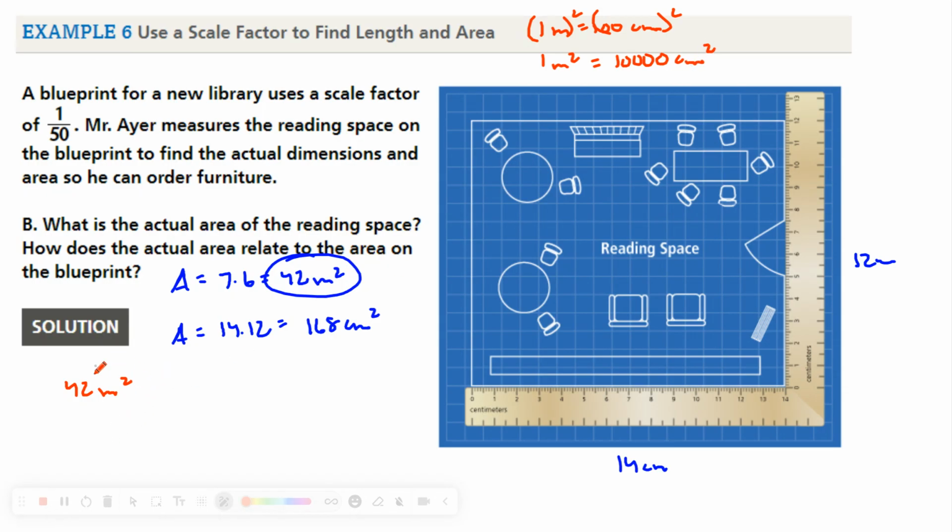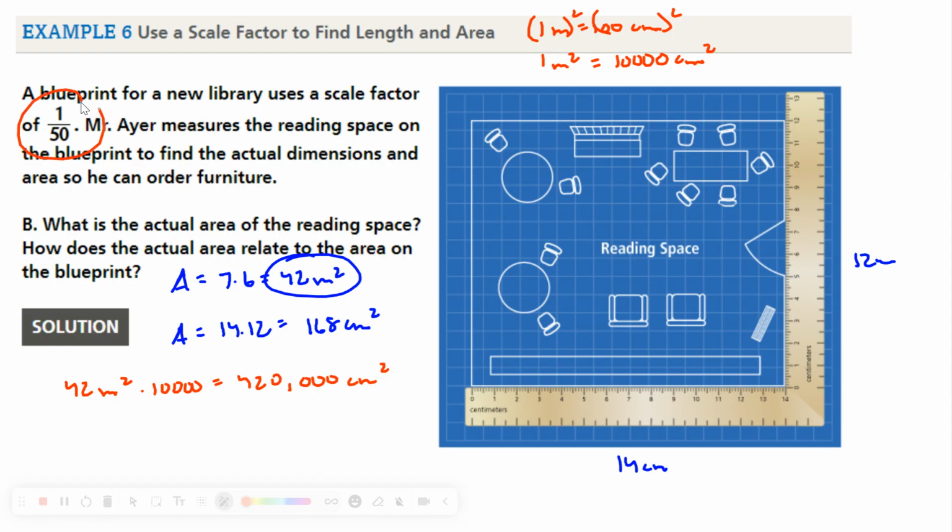Because we're going from meters squared to centimeters squared, we multiply by 10,000, and that gives us 420,000 centimeters squared. So I'm converting the actual area into the same units as the drawing area, so I can compare them.